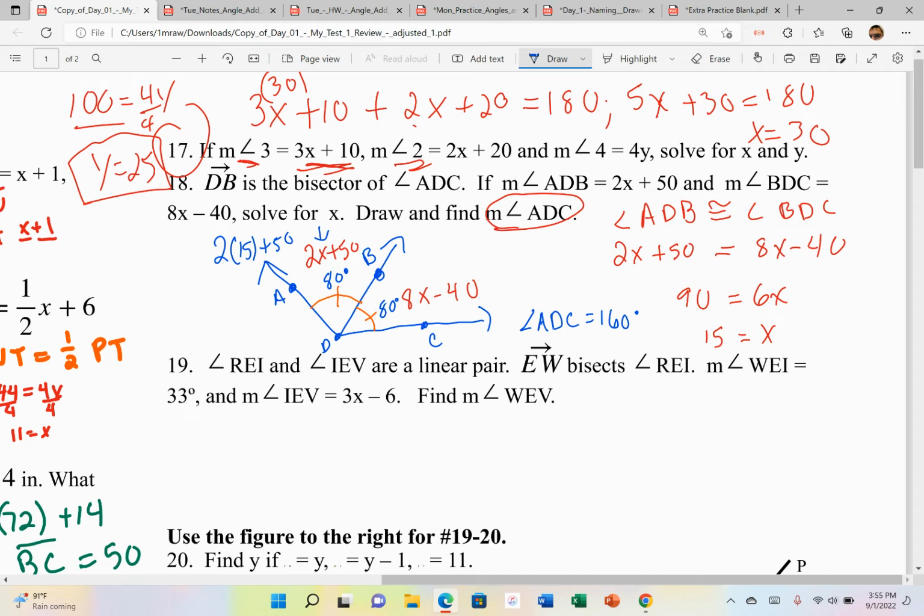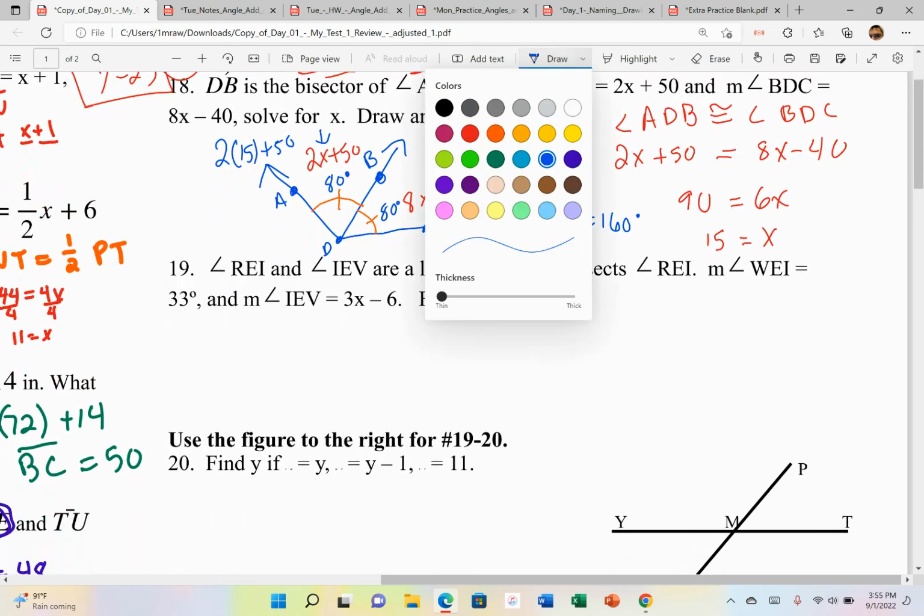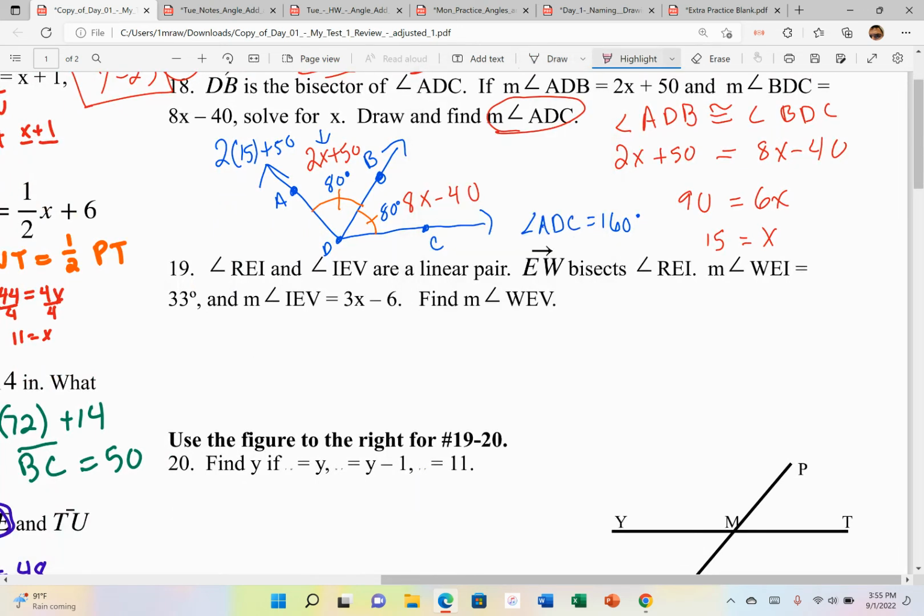Yes? Okay. Leave that up there a little bit. All right, going on to the next one. It says angle REI and angle IEV are a linear pair.